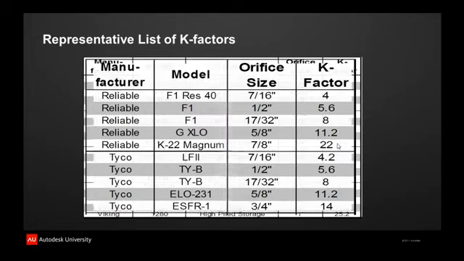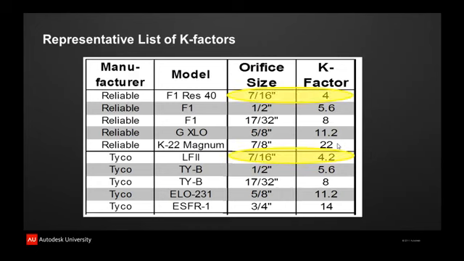If we focus on the first 2 manufacturers, you'll see that there are different orifice sizes and that each of the different orifice sizes has its own unique K factor. Those K factors are predominantly affected by the actual internal diameter of the orifice.